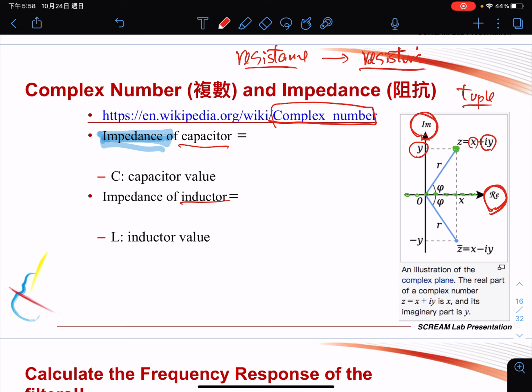Because the impedance, or you may say the resistance in the imaginary part, of the capacitor can be represented by 1 over j omega C. The omega is 2 pi f. C is the value of the capacitor in farad.